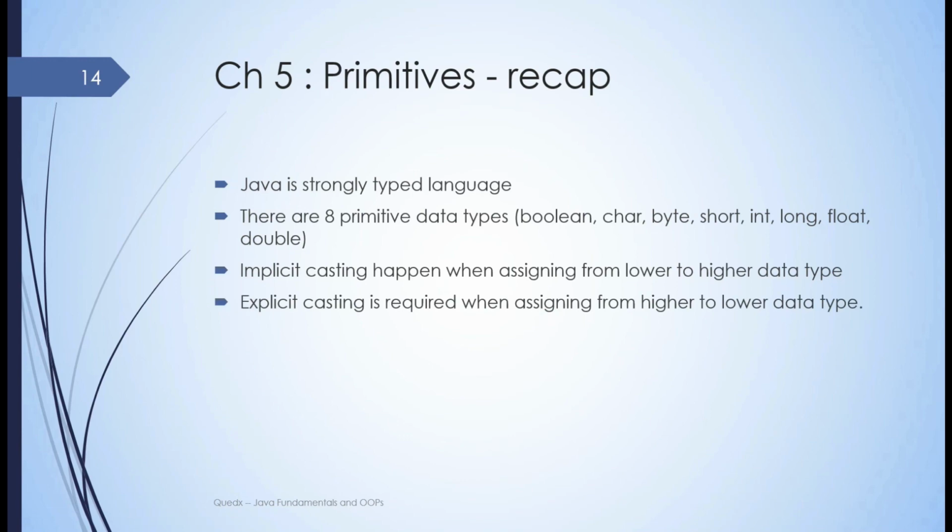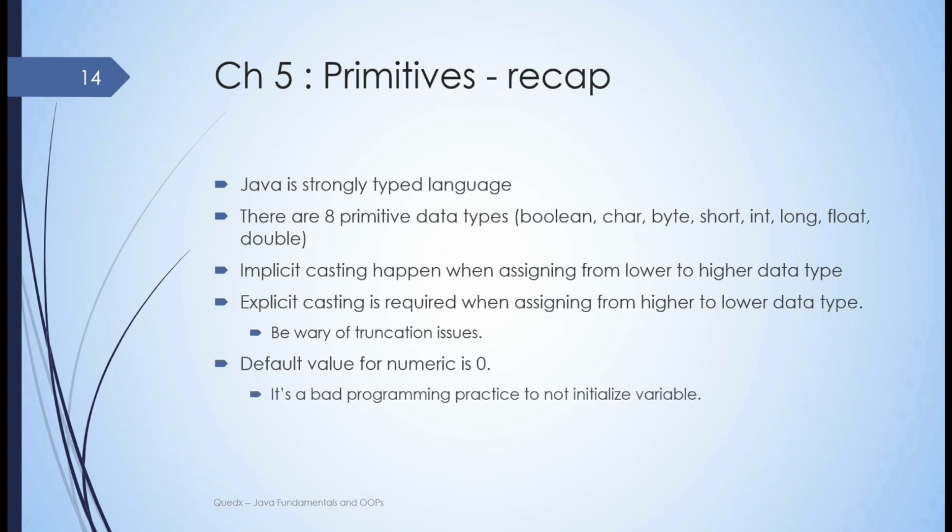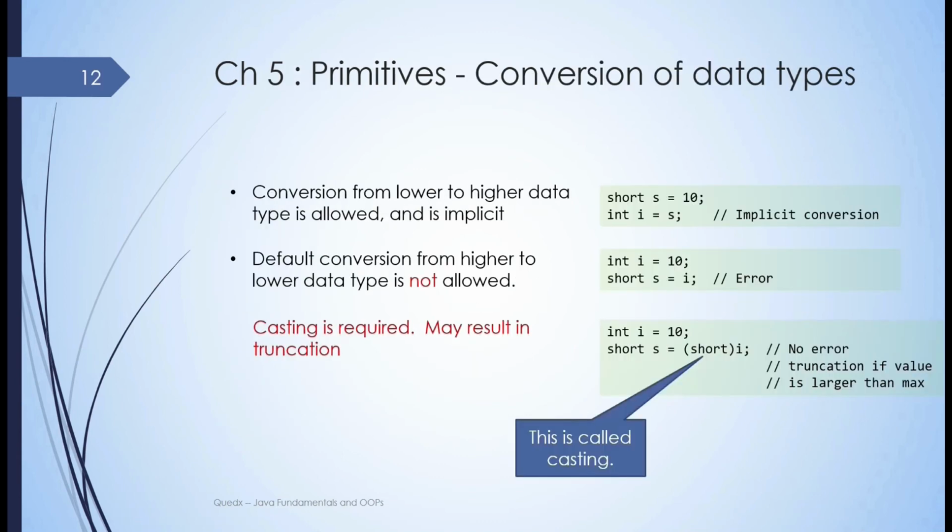Explicit casting is necessary when assigning from higher to lower data types, but be wary of truncation issues. Default value for numeric is 0. It's a bad programming practice to not initialize a variable. Literals are constant values assigned to a variable.